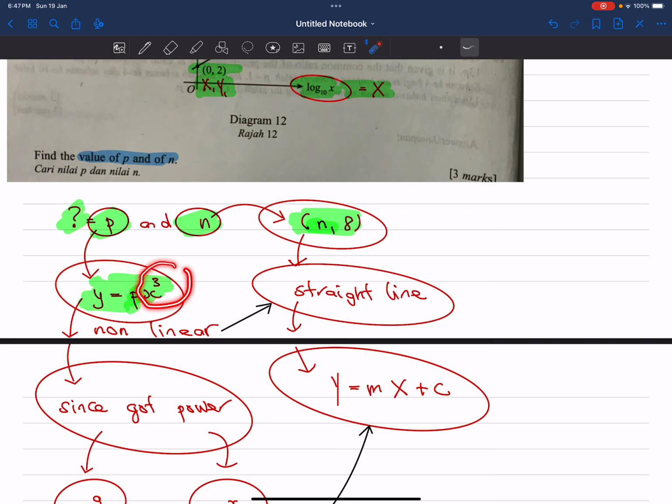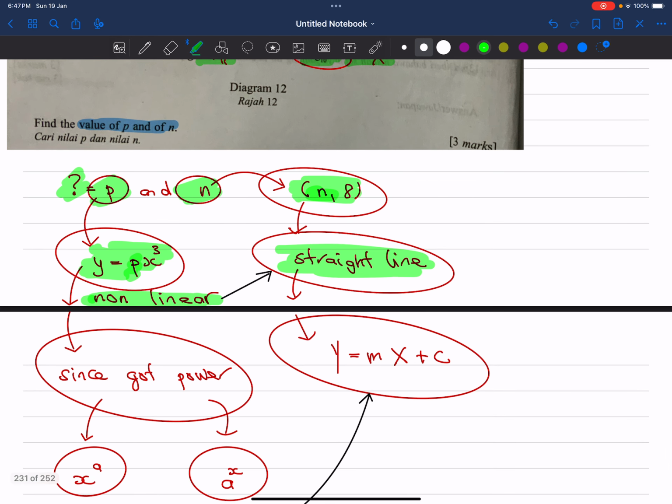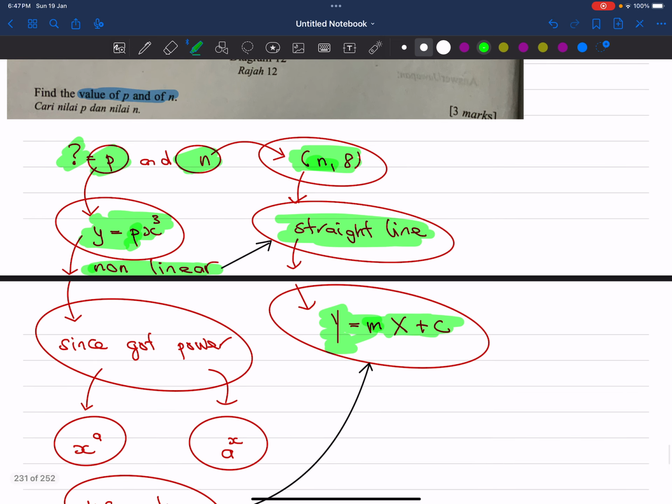Because of the x power 3, the equation is non-linear, so we must change it to a straight line linear equation, which is capital Y equals m capital X plus c. Now how do we change the non-linear to straight line linear?